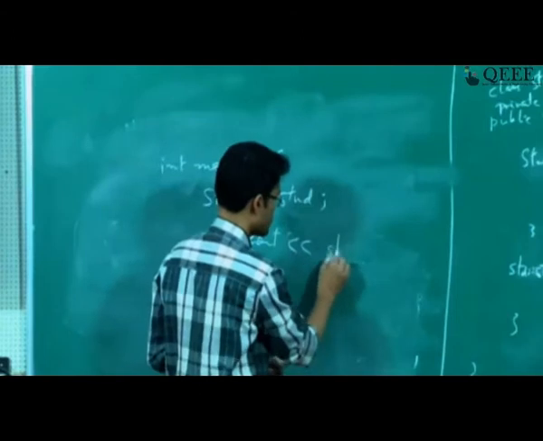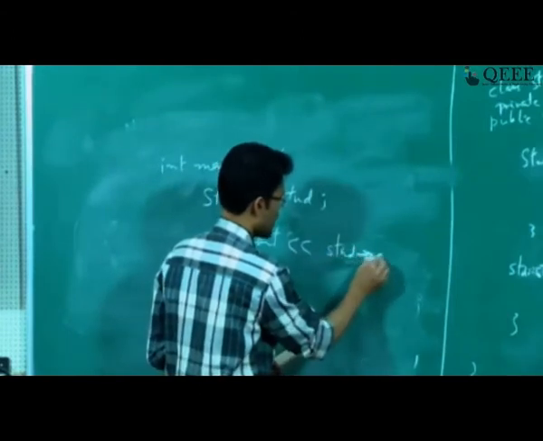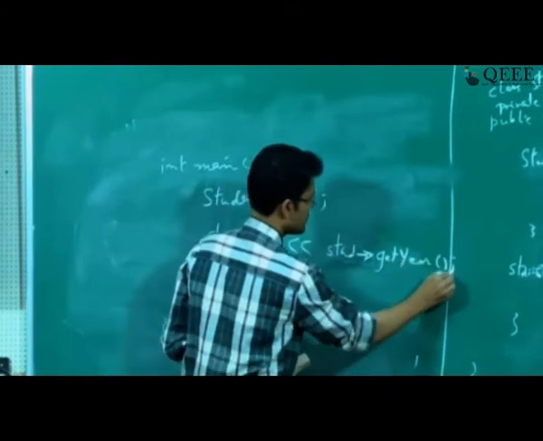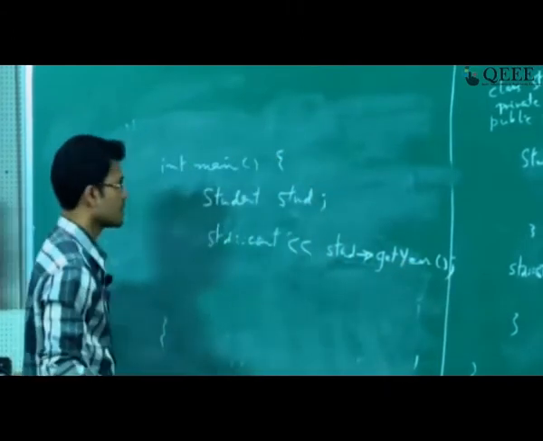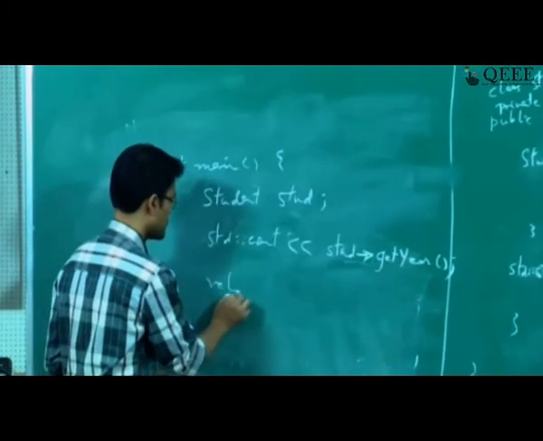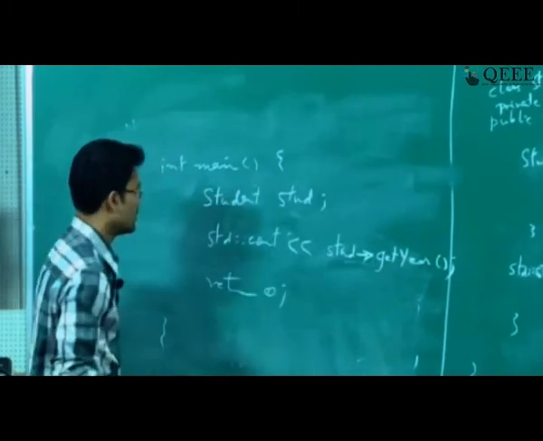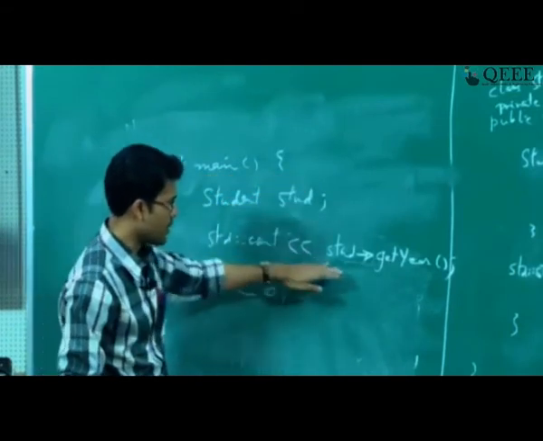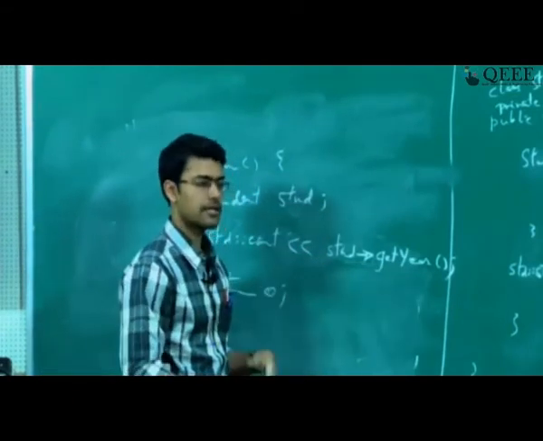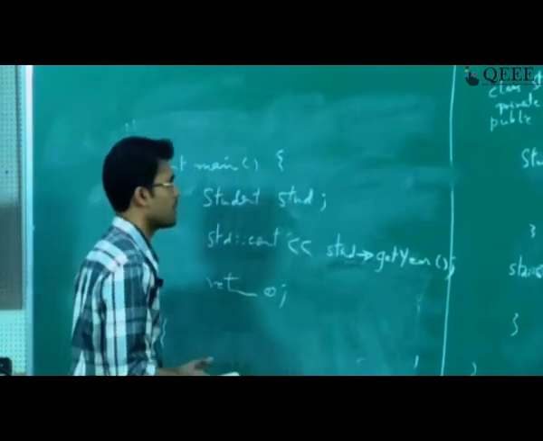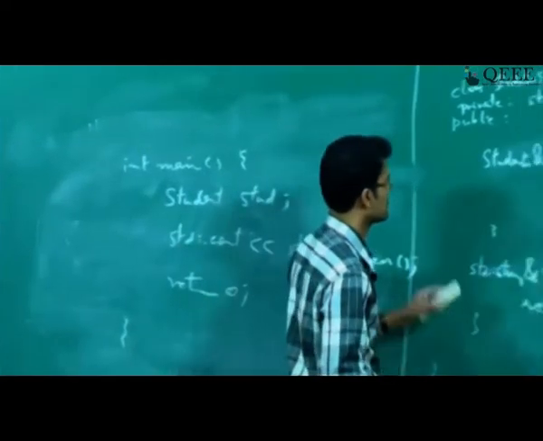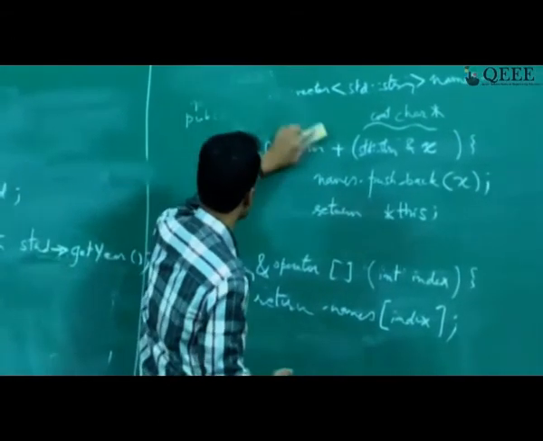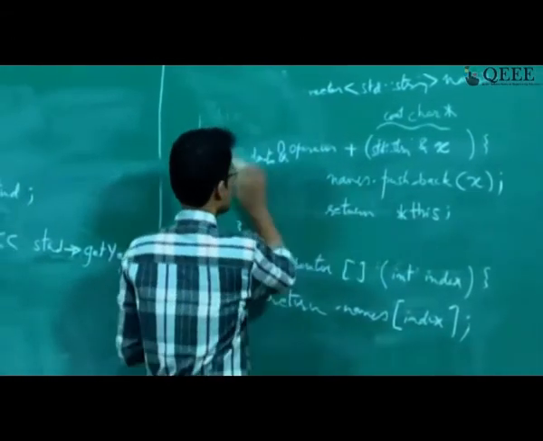I am just going to call stud arrow getYear, and then some return or something. So there is a class Student, there is a variable of that type, and I am calling getYear on that. Okay, I should erase this part because this might be unnecessarily confusing.